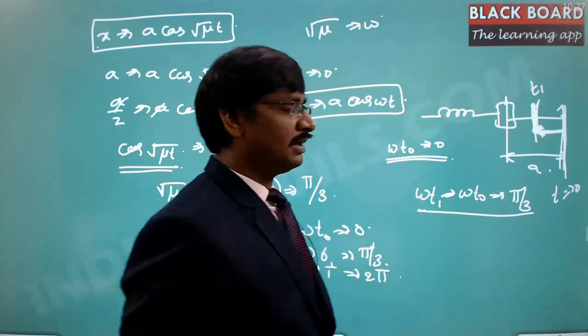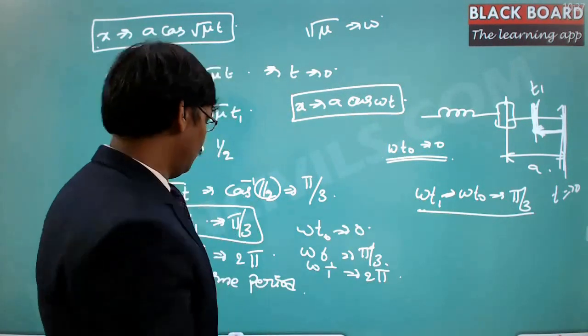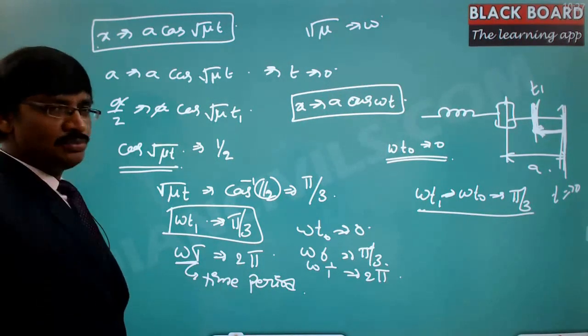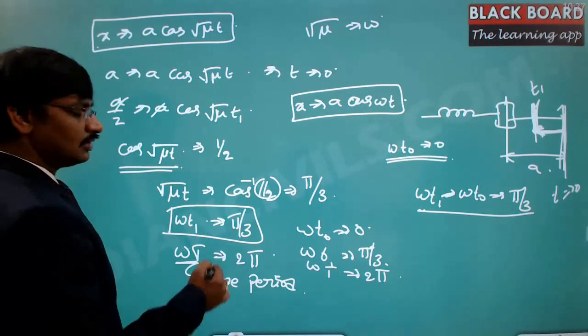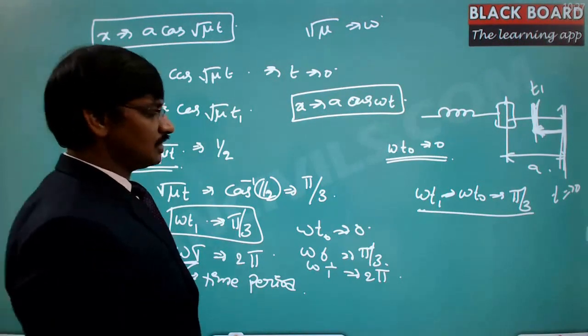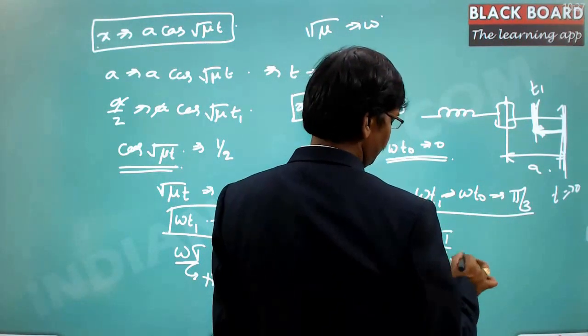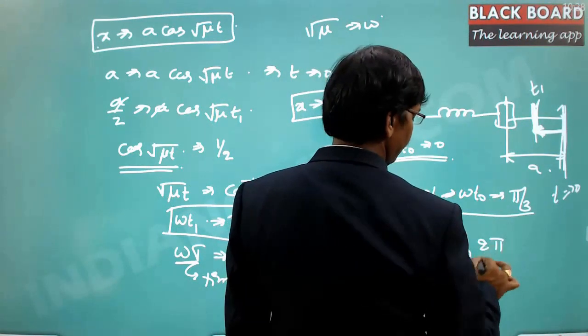And for the entire time period, omega into capital T, where T is the time period of the oscillation, is equal to 2 pi. Now the ratio of omega T divided by omega t1 is 2 pi divided by pi by 3.